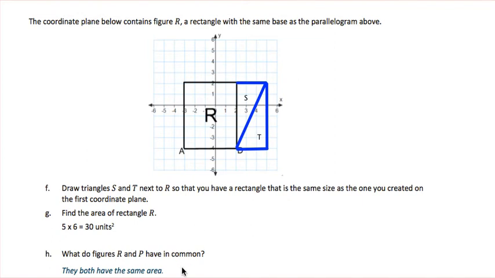And they have the same area because they share the same base and height. And we don't want to miss that point. They're the same area because they share the same base and height.